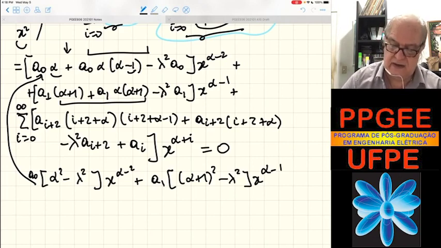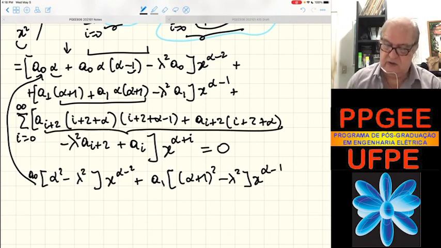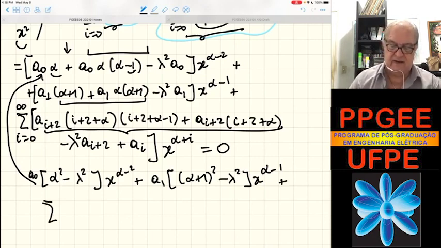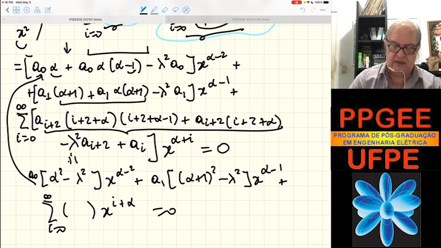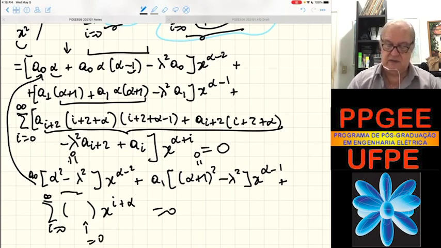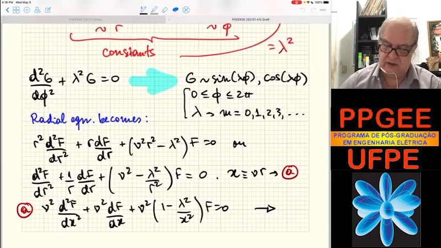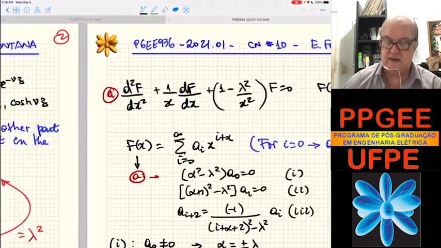Then you can go and do some algebra in this thing here. So you have to set this plus the sum, right, of i equals 0 to infinity, x to the i plus alpha equals to 0. So I'm going to make this equal to 0, this one equal to 0, and this one equal to 0. I mean, it's easy to see the result here. This one, you do some algebra, we are going to get this result here.